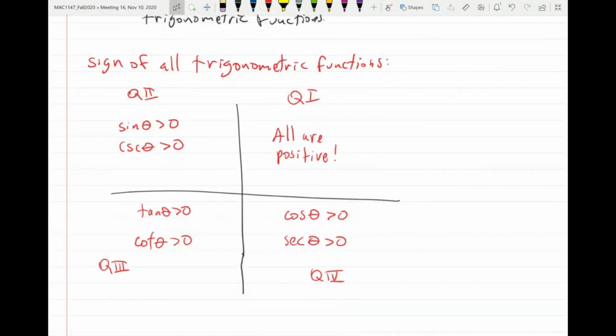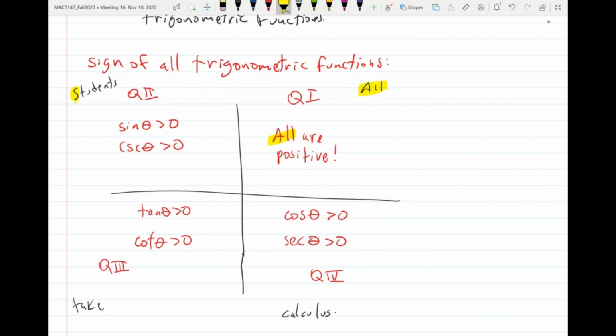I don't know if you know the mnemonic: All Students Take Calculus, and that corresponds to this. The word All has to do with quadrant 1, so all means everybody's positive.